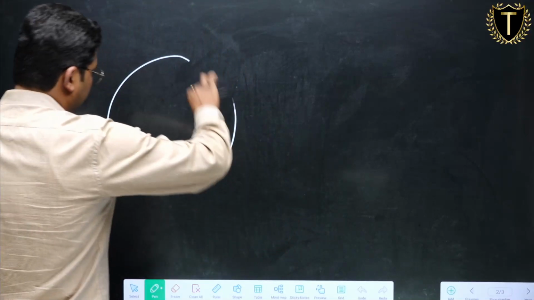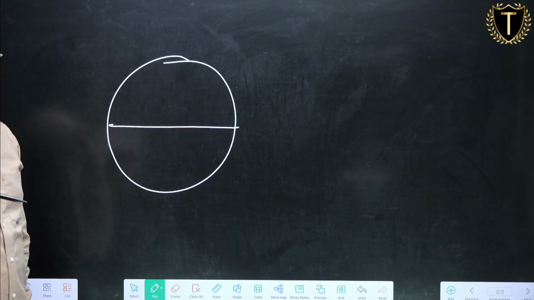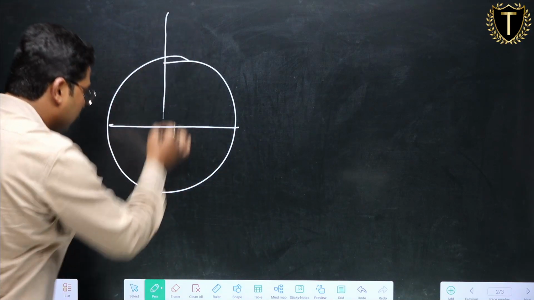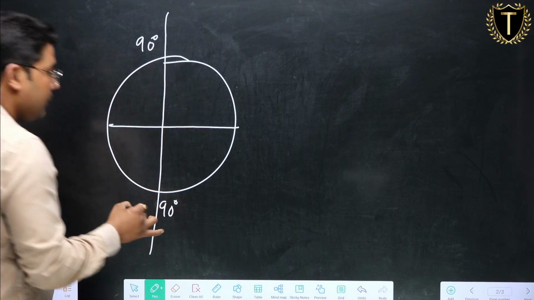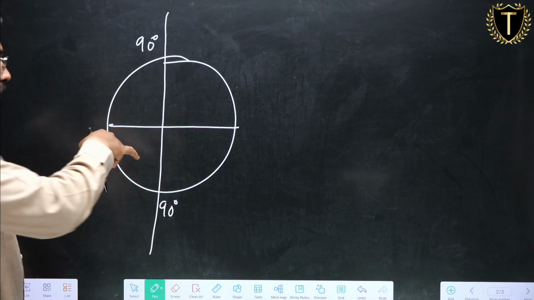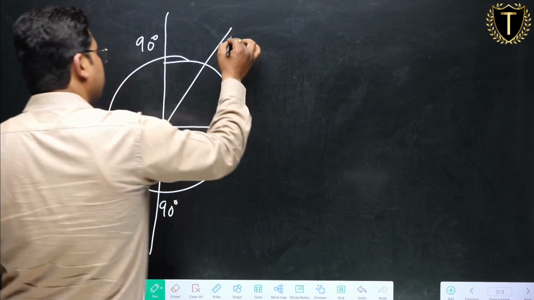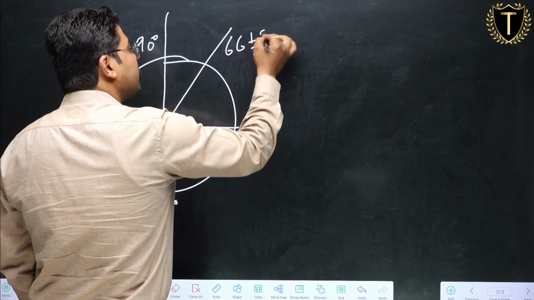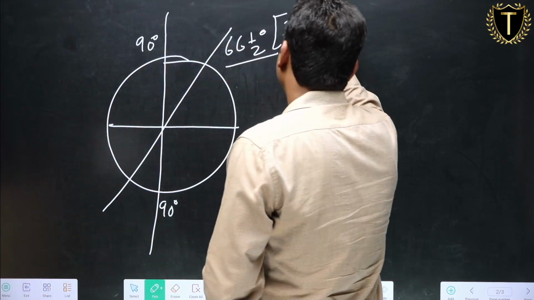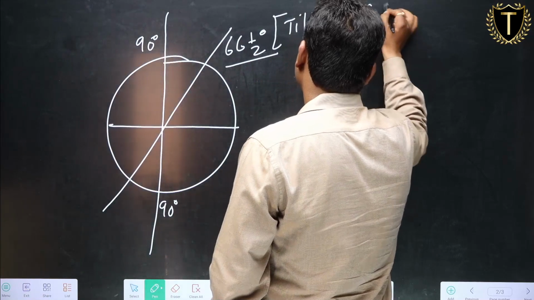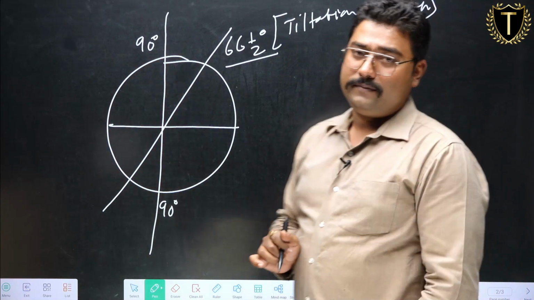So if we draw a 0 degree from the center of Earth, normally this must be 90 and this must be 90. But instead of being located like this, our Earth is inclined at 66.5 degrees, which is considered as the tiltation or inclination of Earth.